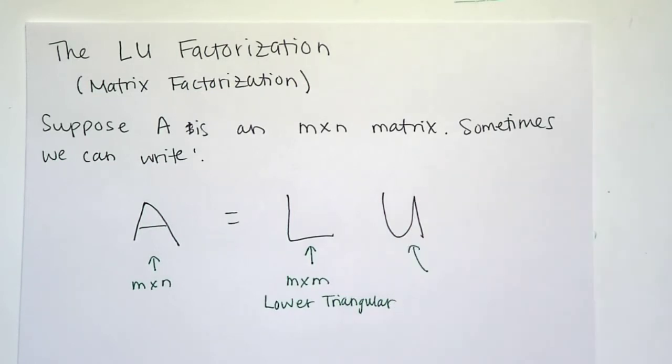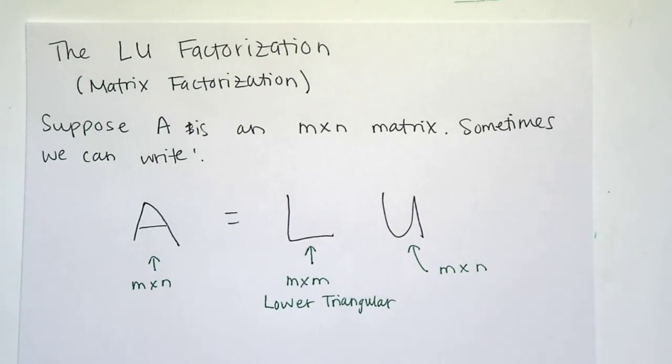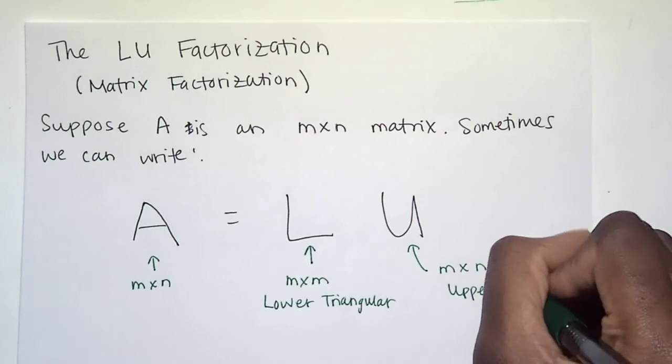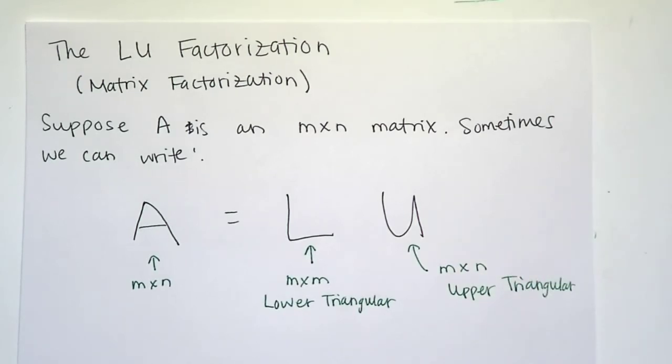And then U is M by N, and it's upper triangular. So we're factoring A into these two matrix components.